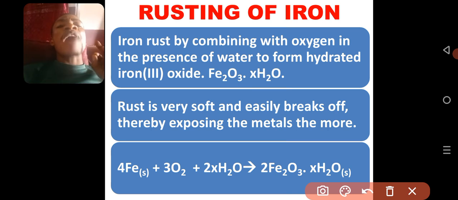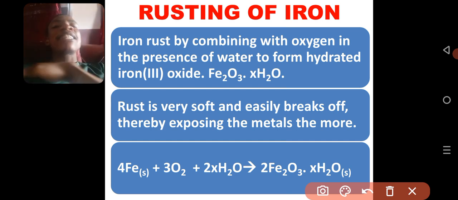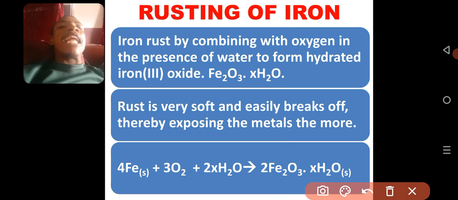Now, in the case of iron, the rust that is formed is very soft and flaky. It can break off easily. That's the meaning of flaky. Whenever the rust forms and breaks off, it will expose the internal layer of iron to more corrosion, and then it rusts again and flakes off and exposes the internal layer of iron to more corrosion.